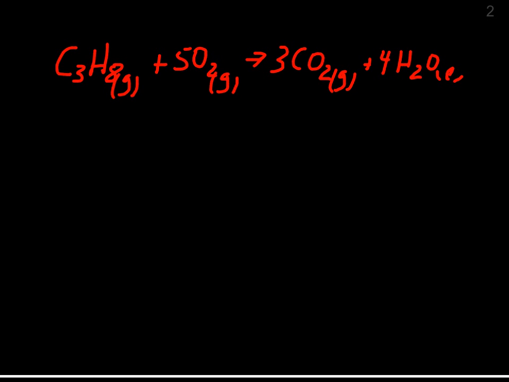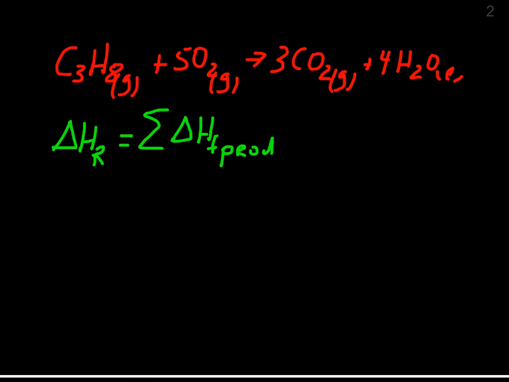Now, Hess's law states this: the enthalpy delta H for a reaction is going to equal the sum of the enthalpies of formation, the energy it takes to form those compounds from elements, of the products minus the sum of the enthalpies of formation of the reactants. Very simple. So, I can figure out how much energy came out of this reaction by doing this.